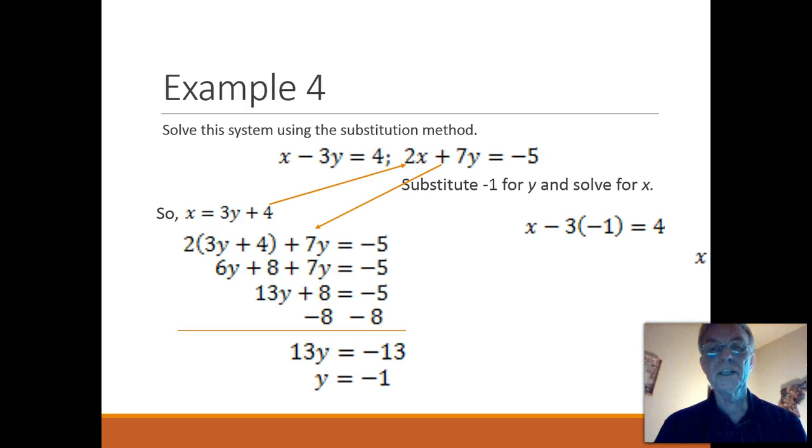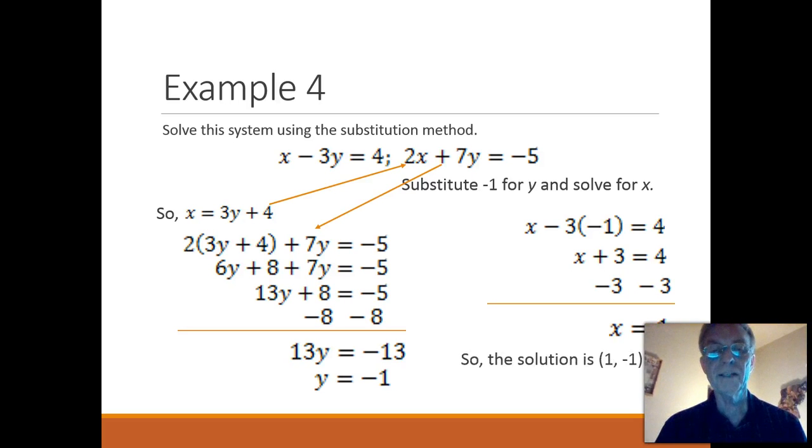Do the distribution, gives me x plus 3 equals 4. Subtract the 3 from both sides. That gives me x equals 1. So my solution to this, or the point where these two lines are going to cross, has the coordinates 1, negative 1.